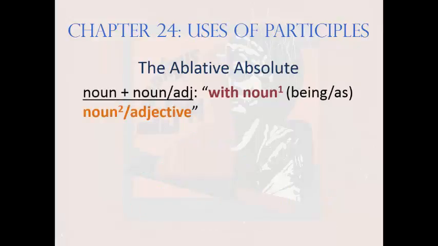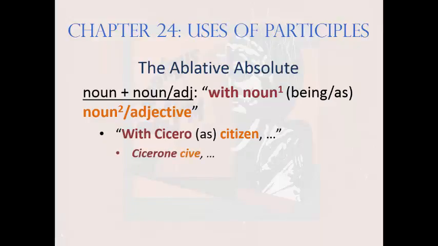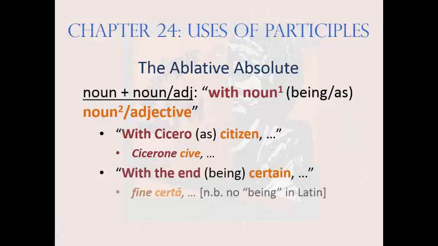Finally, an ablative absolute can have only two nouns, or a noun and an adjective, that is, no participle: with a noun being or as another noun, or with a noun being or as an adjective. For example, with Cicero as citizen. In Latin, that's Cicerone cive, or with the end being certain, which in Latin would be fine certa.